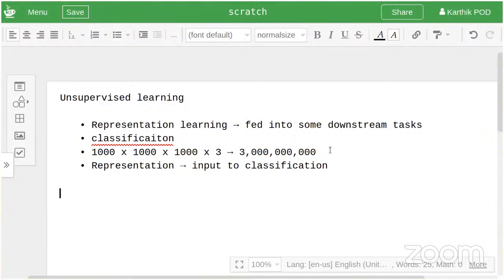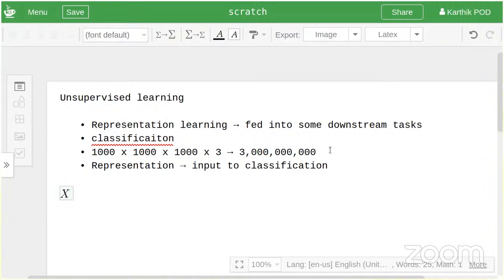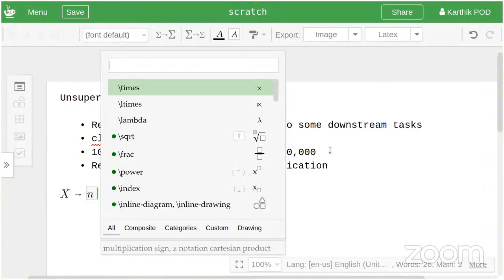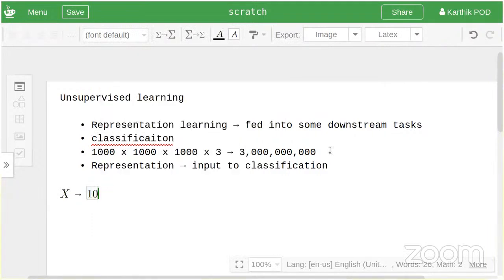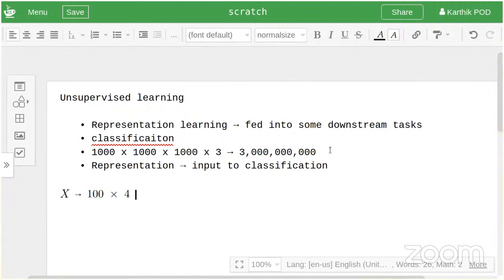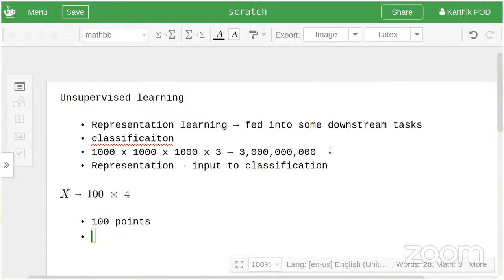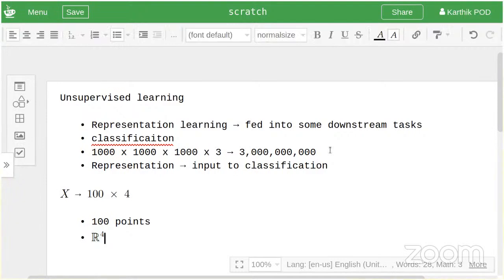Assume that your matrix X is of size n cross d. Or let's take a concrete example of 100 cross 4. So the data lies in R4, correct? There are 100 data points. Yes, 100 points in R4. So this is the data that we have.